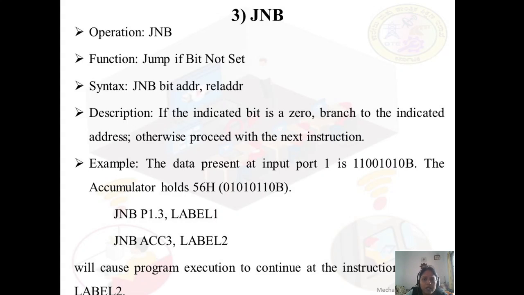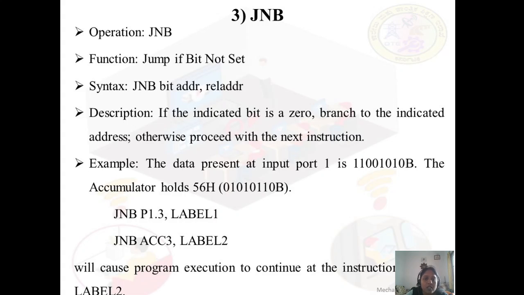But here P1.3 means this is your third bit, that is from here, if you consider 0, 1, 2, 3. See here it is 1. That is why it will not jump. It will continue with the next instruction. Then it will go to JNB accumulator 3 label 2. ACC 3 means again it will check the third bit in the accumulator.